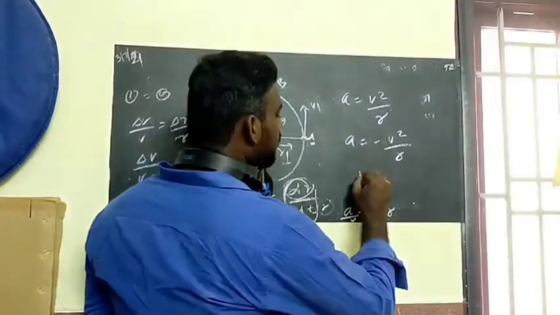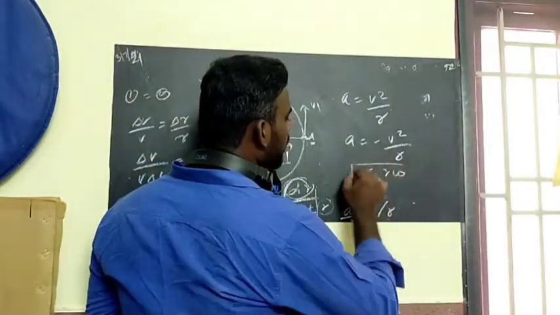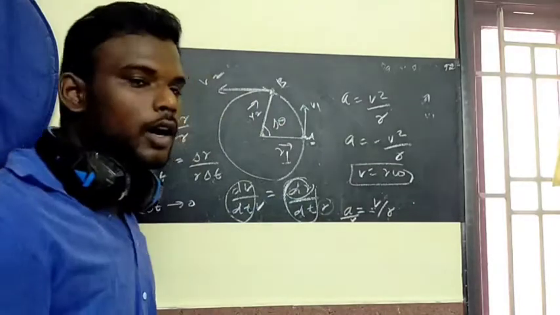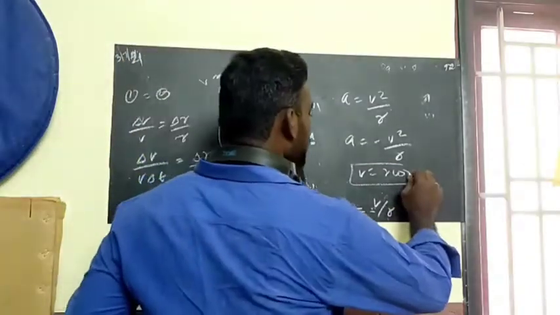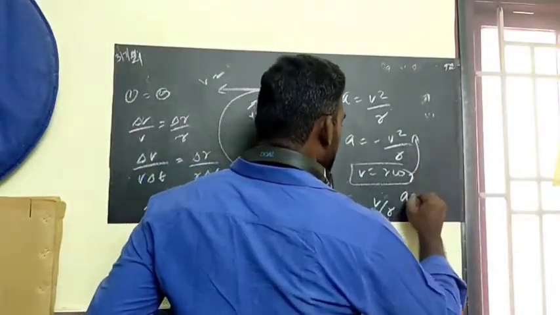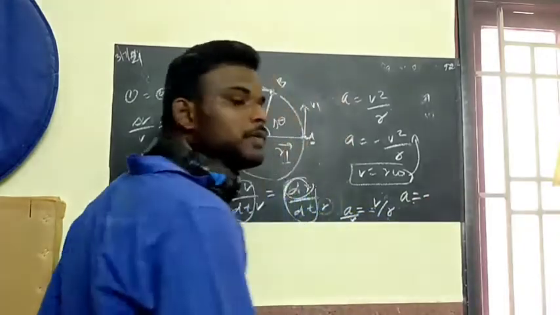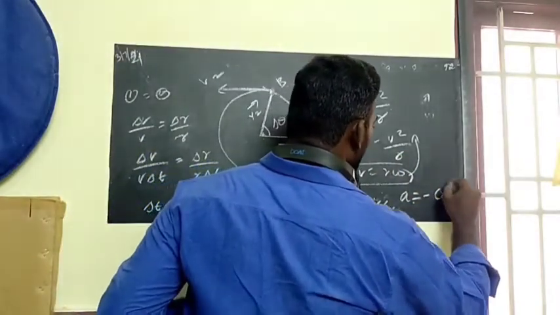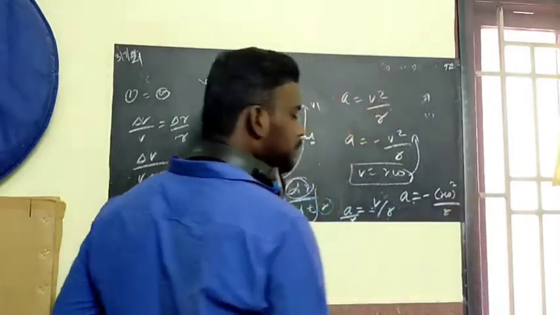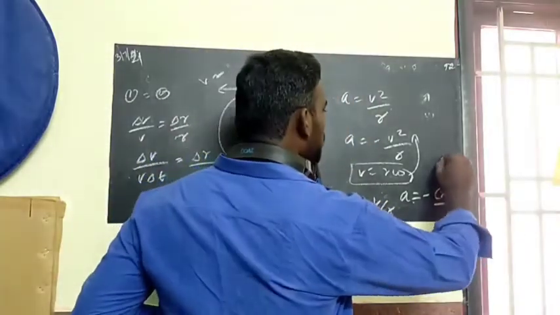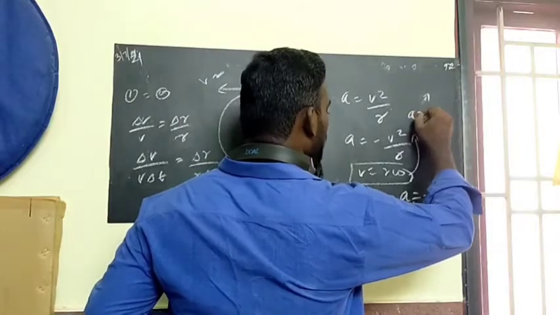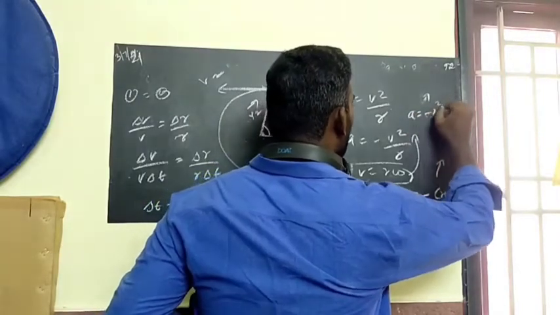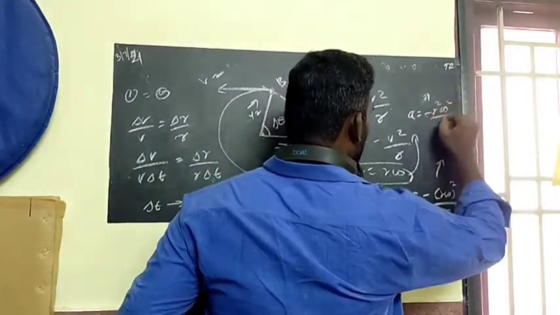And we know that v is equal to r into omega. Another formula, am I right? In place of v, if we substitute this value, that is a equal to minus R omega whole square divided by r. Then from this I can take a equal to minus r square omega square divided by r.